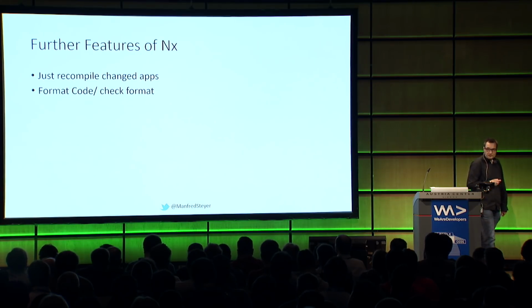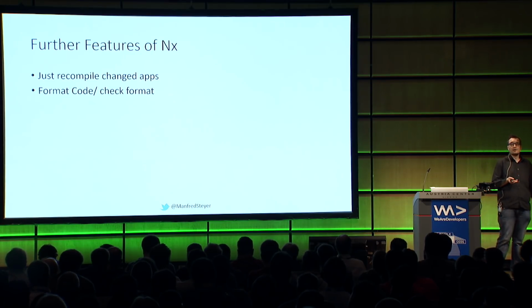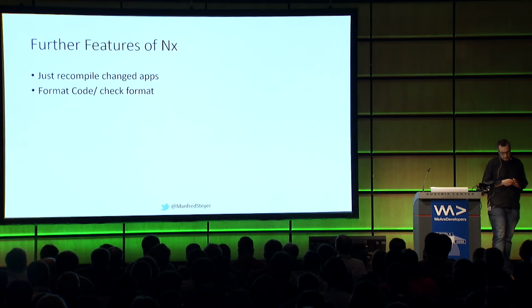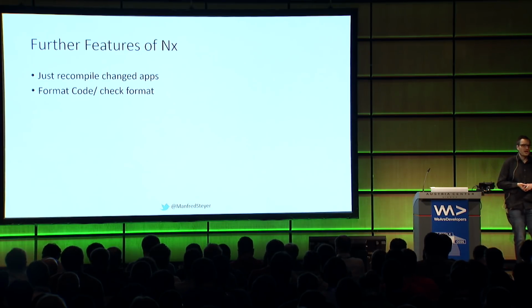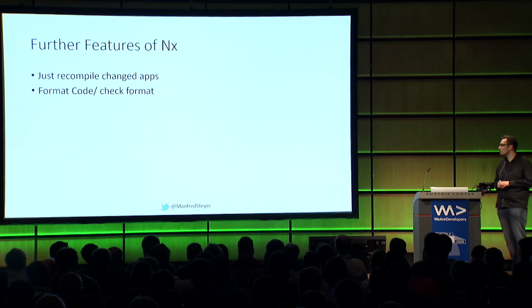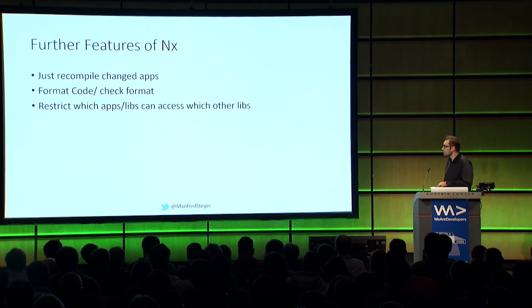There is also some tooling in there to format your code. Of course, when it comes to big enterprise software, you want to have a common coding style. And you don't want to discuss with your colleagues about the coding style. You want that the coding style is done in an automatic way. And so it is cool to have a code formatter in there.